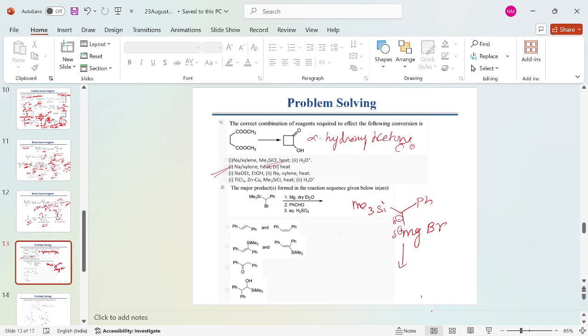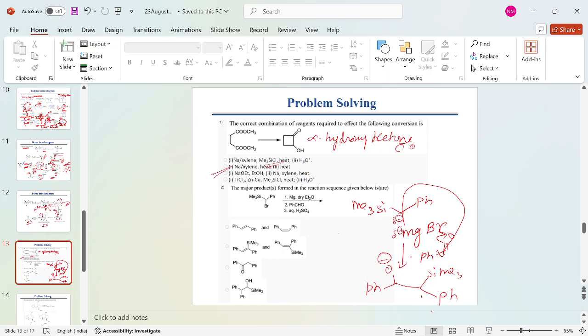Now in presence of benzaldehyde, this will react and give O minus, SiMe3, Ph.